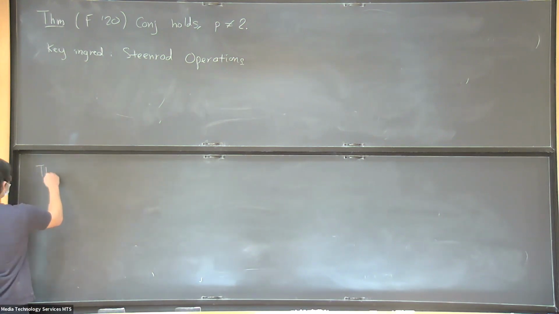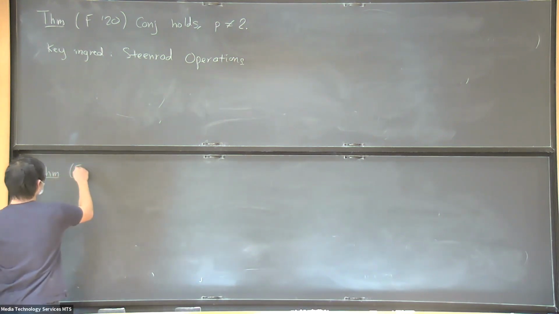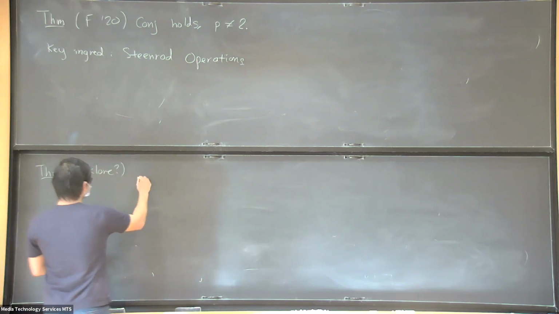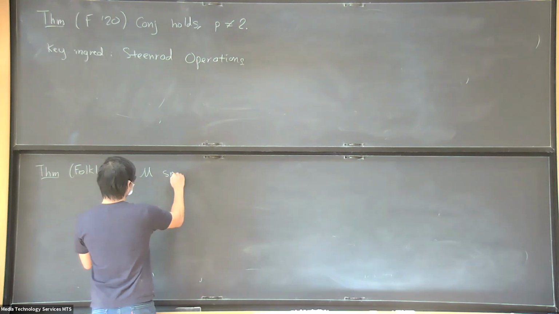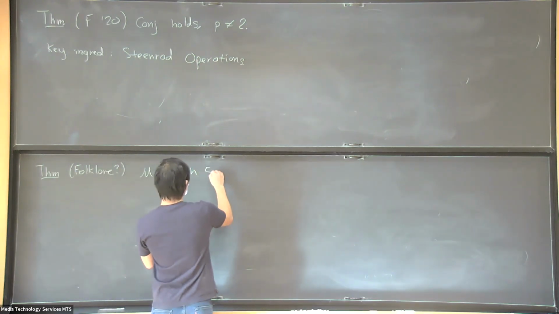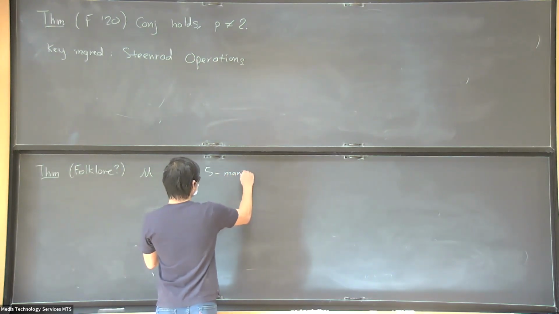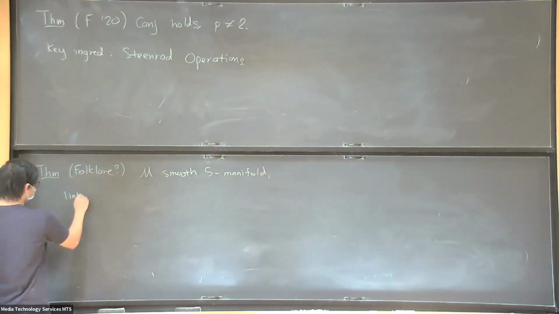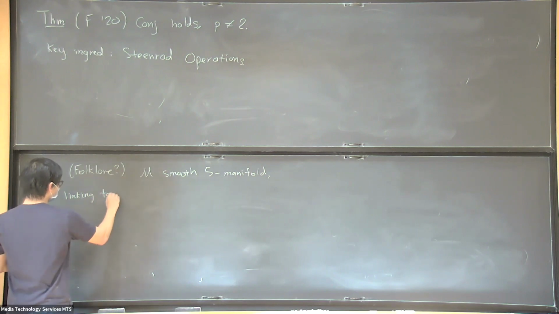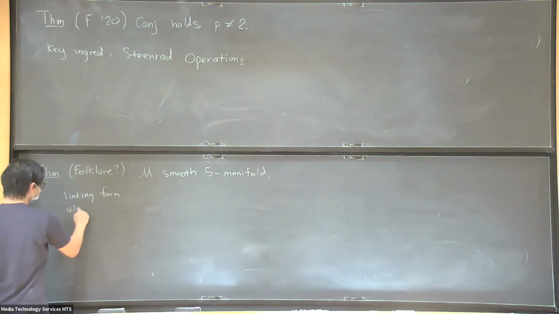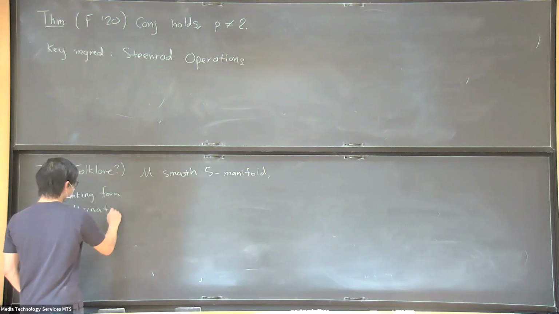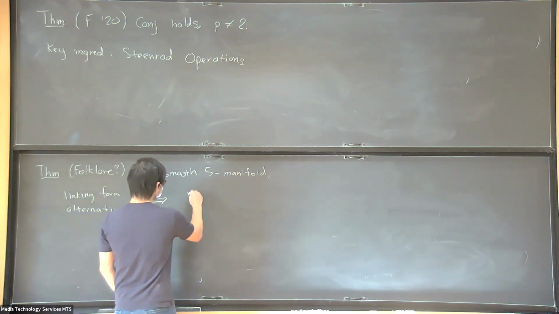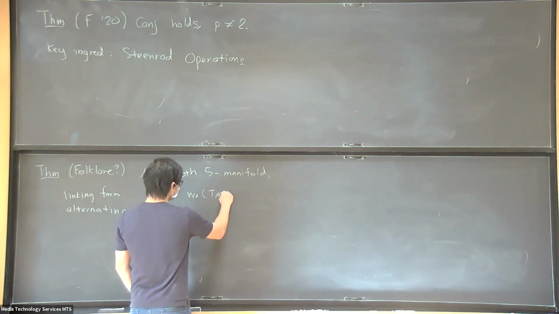So there's a theorem, I don't really know how to attribute this theorem, but anyway, what it says is that if M is a smooth manifold, then its linking form is alternating if and only if the second Stiefel-Whitney class of its tangent bundle vanishes.